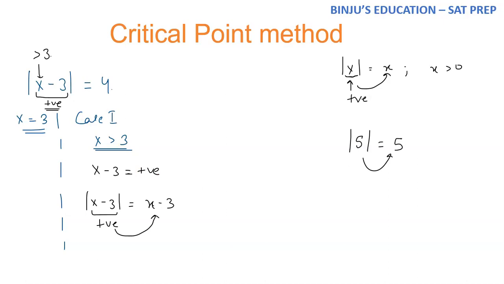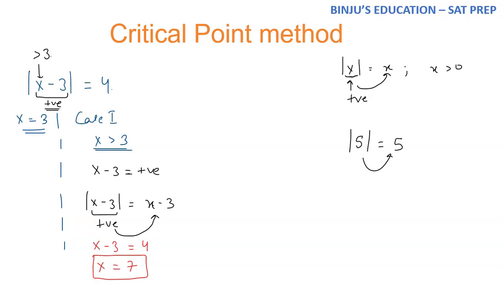And then you can write this as x minus 3 is equal to 4, or you will get x is equal to 7. So what is the value of x? The value of x is equal to 7. You will get the exact same answer using the distance concept also.